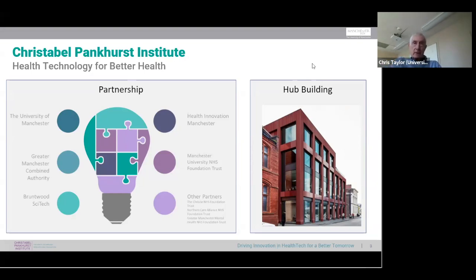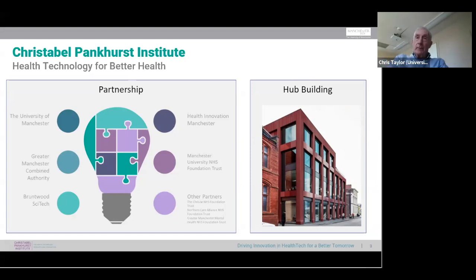We're in the process of bringing other partners on board. I think that's a really important point, that this isn't something that's inward looking and just based in the university. The connections out into the health service in Greater Manchester are a really important part of what the Pankhurst offers.